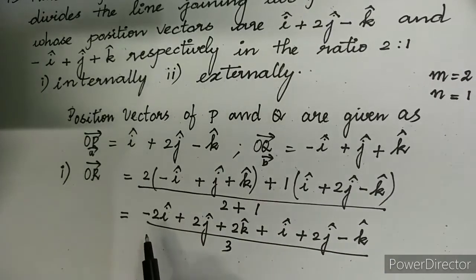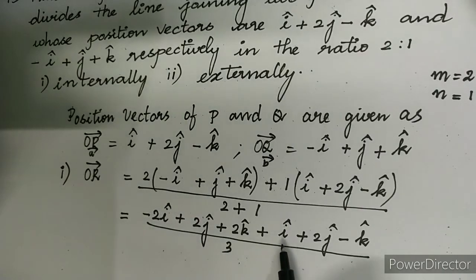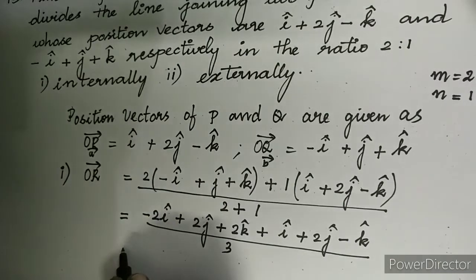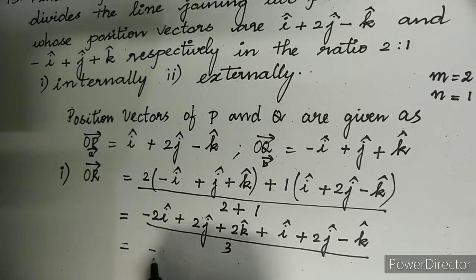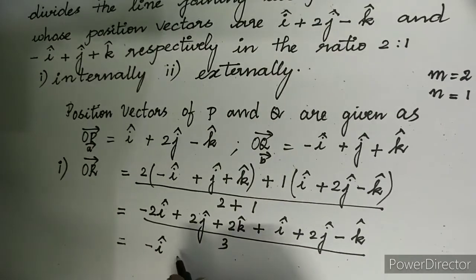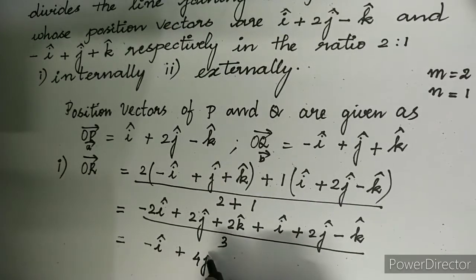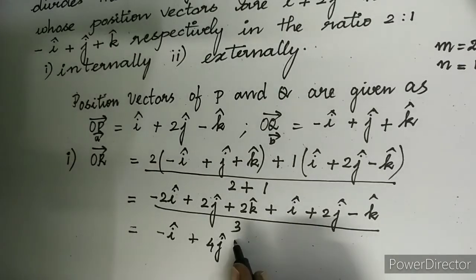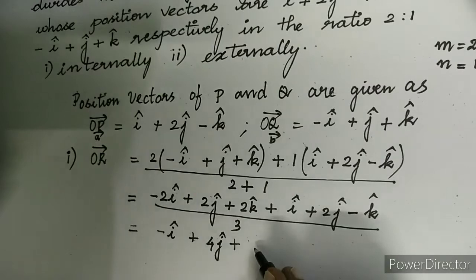Now we will add the like terms, that is here minus 2 i cap, here i cap. So minus 2 i cap plus i cap is minus i cap. 2j cap plus 2j cap is 4j cap, and 2k cap minus k cap is 1k cap.